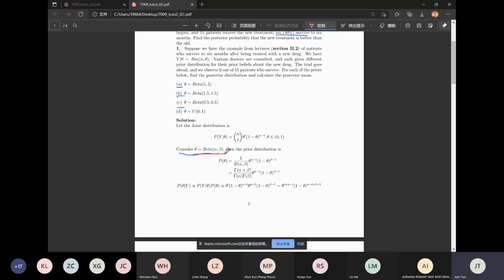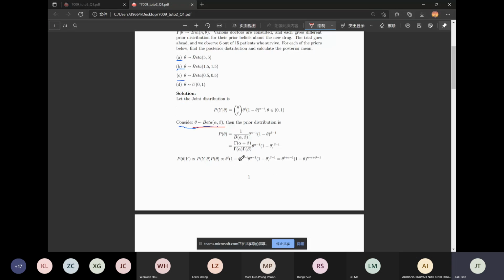Consider theta subject to beta with parameters alpha and beta, and then plug in the numbers to get the answer. Firstly, let the joint distribution be the probability of y given theta.